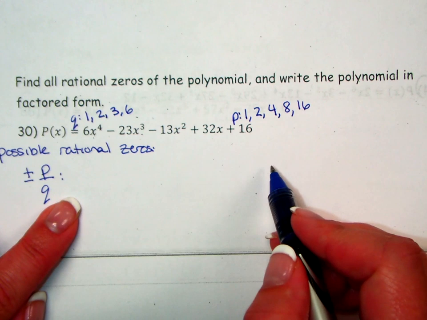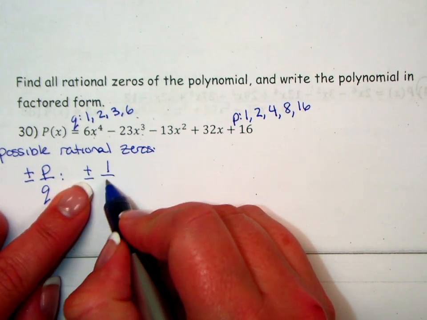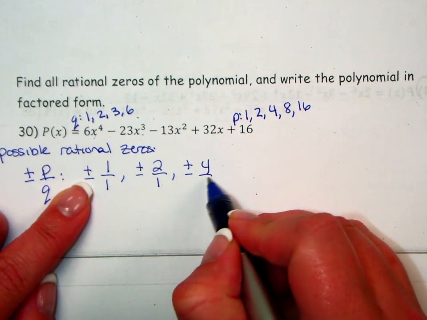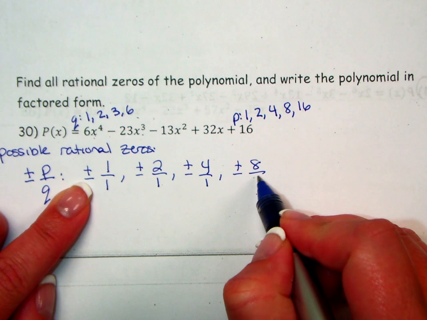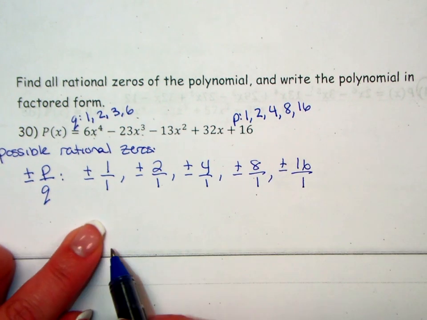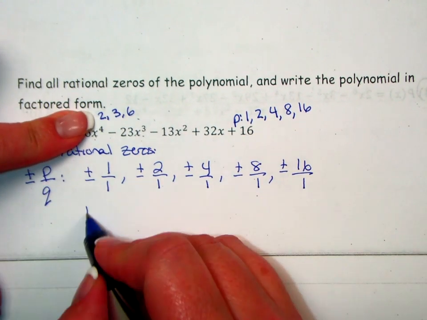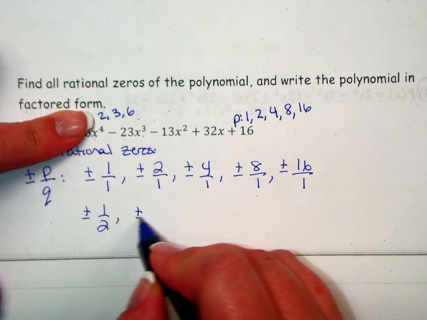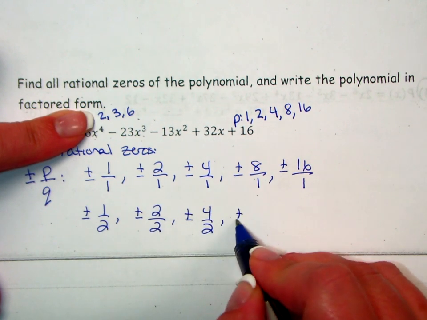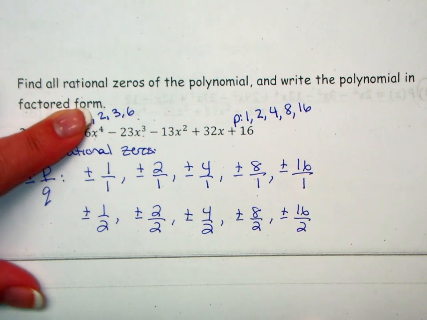So each row is going to have a different Q value. So I'm going to put all the P values over 1 for row 1. All right, and then for row 2, I'm going to put all these P values over 2. 1 over 2, 2 over 2, 4 over 2, 8 over 2, 16 over 2, right?